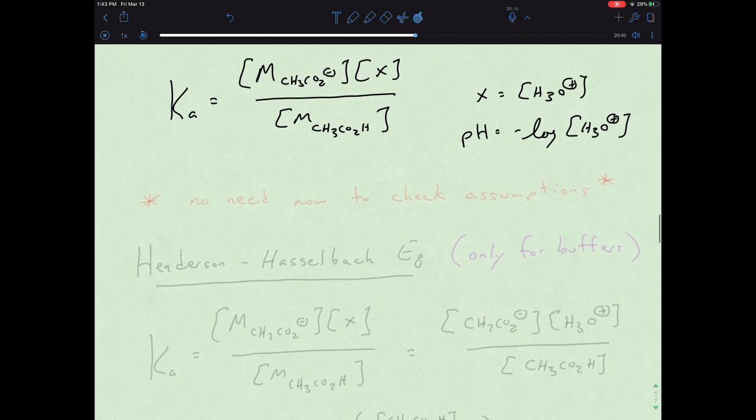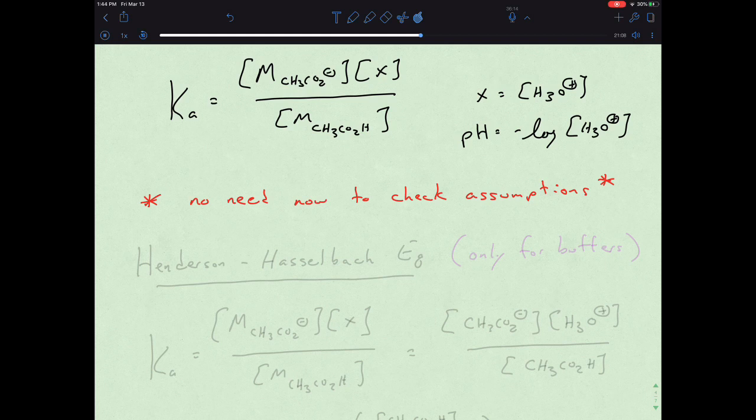I'm sure you'd be happy to hear that there's no need now to check assumptions. I'm hearing a collective sigh of relief with that particular statement. We've been drilling in assumptions for a while, chapter 15 and 16. And so I think you guys have that understanding now.